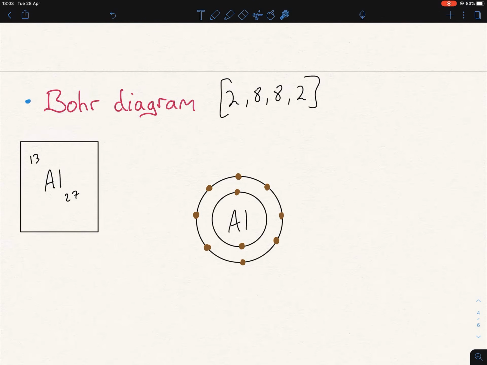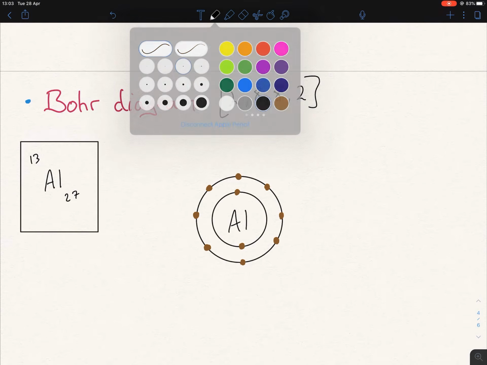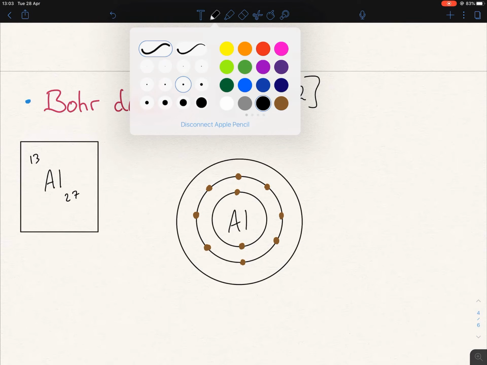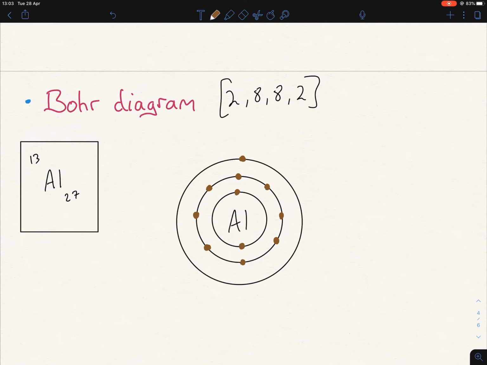I have 3 more electrons to play around with. So I draw in my next orbit. Thank God for Notability. And I just draw 1, 2, 3. Okay, that's all you have to do.